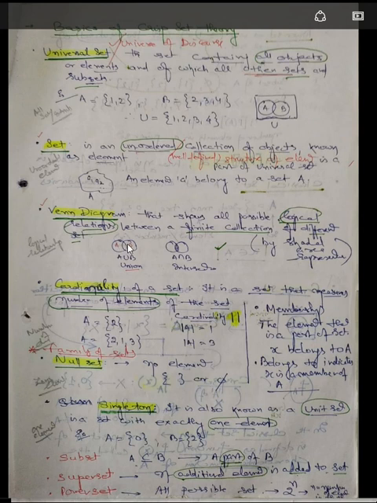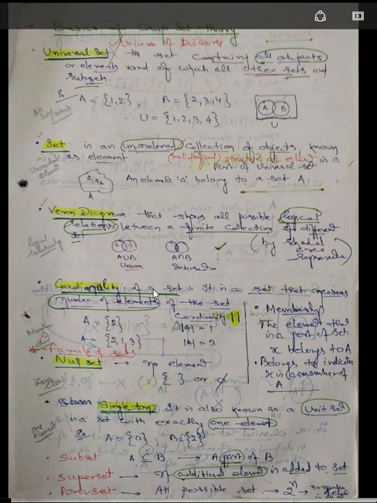So if this is a set, and this is a set, and all the elements belong to A, and all the elements belong to B, then we term it a union operation. And if there is a common element in A and B, then we term it an intersection. So this is represented in a Venn diagram, if a given condition is A union B or A intersection B, then we have to represent it in this form.